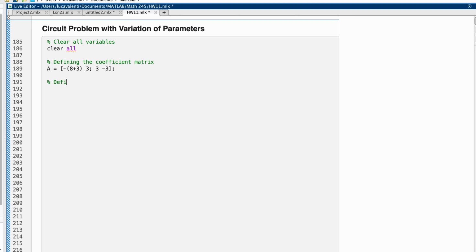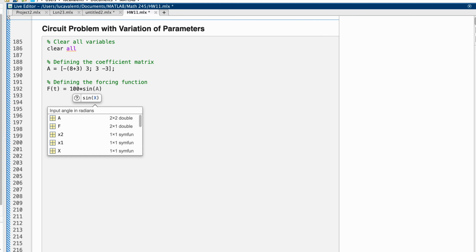Then we want to define the forcing function. I'll call it f of t, and that's going to be equal to E, which is 100 times the sine of t.